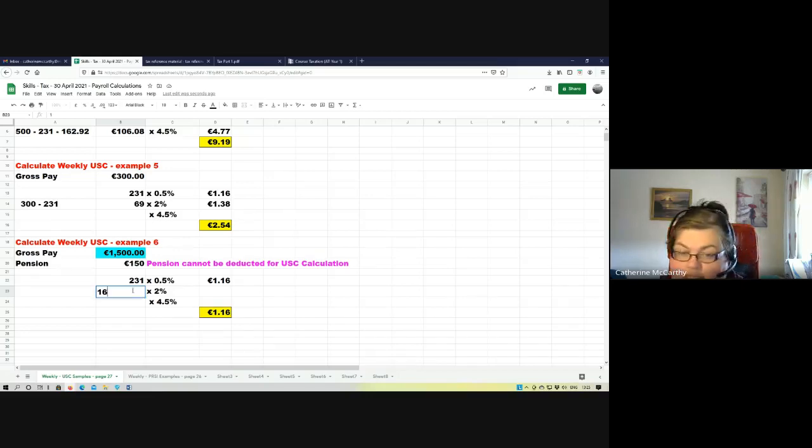Then the next 162.92 at 2%, and that gives us €3.26. So you're always starting off with the weekly 231 at 0.5%, the next 162.92 at 2%, and then we check and see, are we below the next band? And the next band is €953.08.